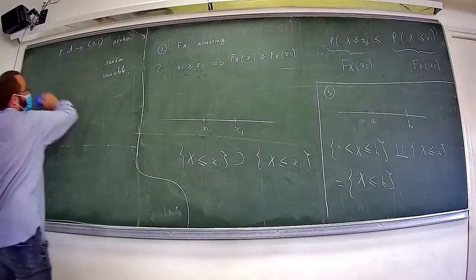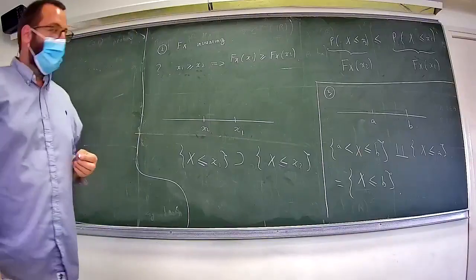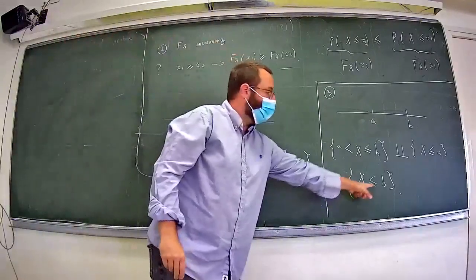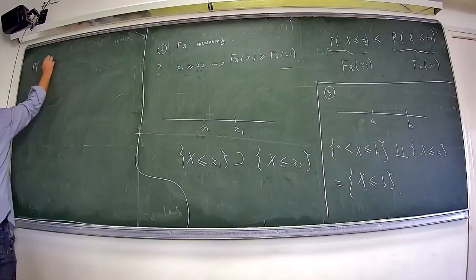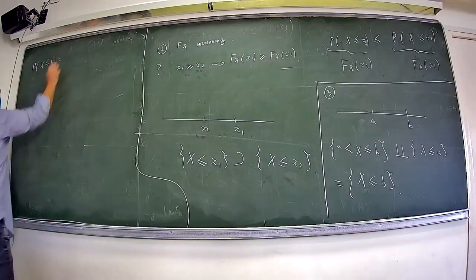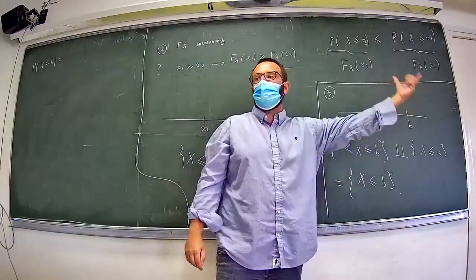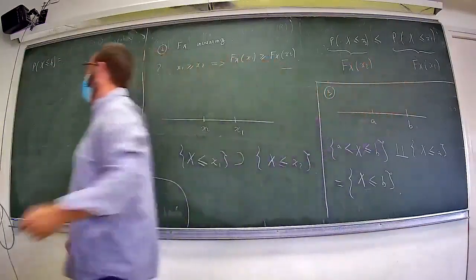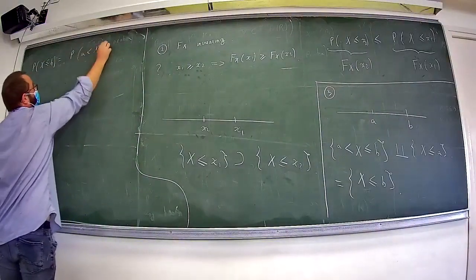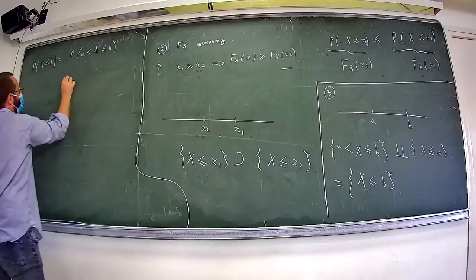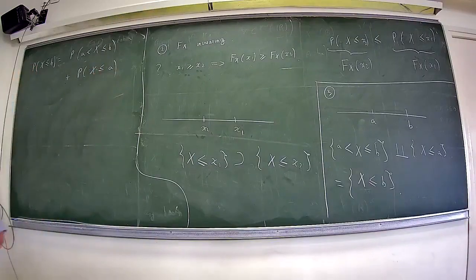And now I can take the probability. I have the probability that X is less than or equal to B. That is equal to what? I have the probability of a disjoint union. The probability of a disjoint union is equal to the sum of the probabilities. It's finished, in fact.